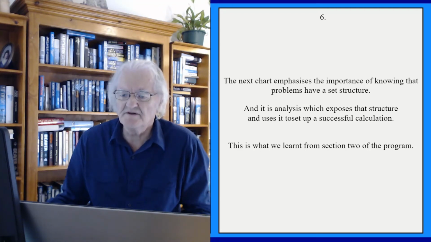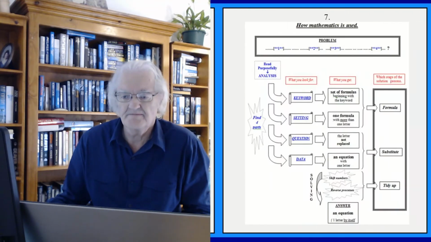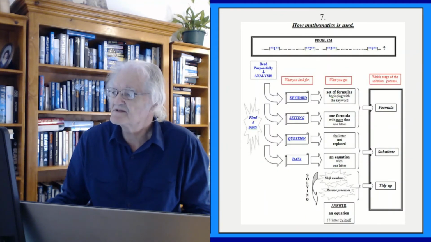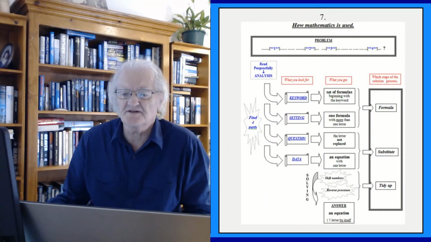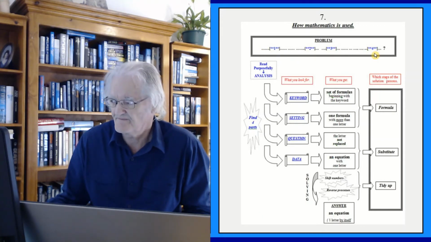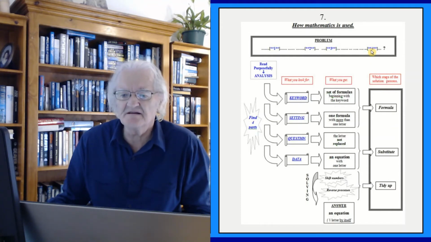This is what we learnt from section 2 of the program. Now this is the chart we had in the previous lesson. The problem can be any size, but it must mention 4 specific components. Those components can be hidden by the words describing the situation the problem is about.